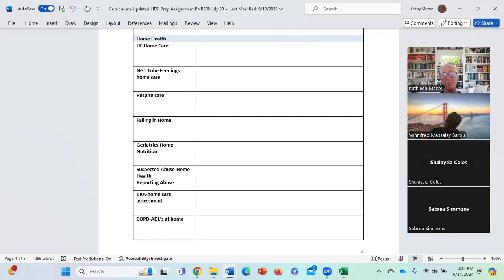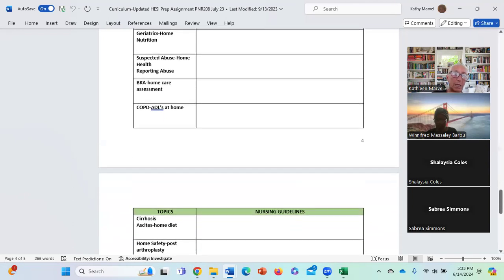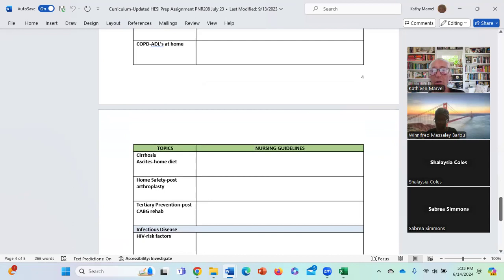Below the knee, this is a med surg question. Below the knee amputation home care assessment. Keep walkways clear and free of clutter or throw rugs. Okay. What do you teach somebody at home with regard to their ADLs who has COPD?